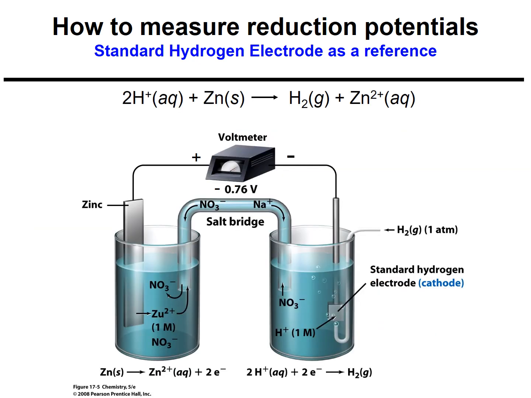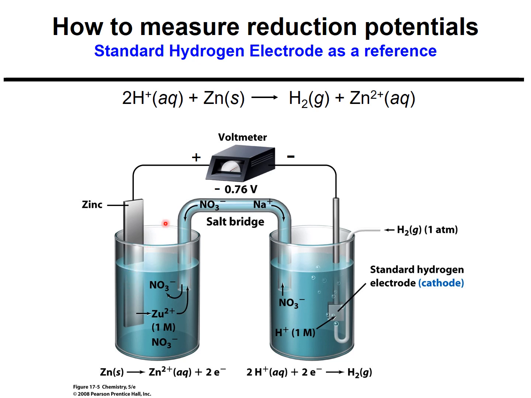Here is another example of how to measure reduction potential. The same thing: this is the standard hydrogen electrode, and on the left hand side compartment we have the zinc 2 plus/zinc pair.